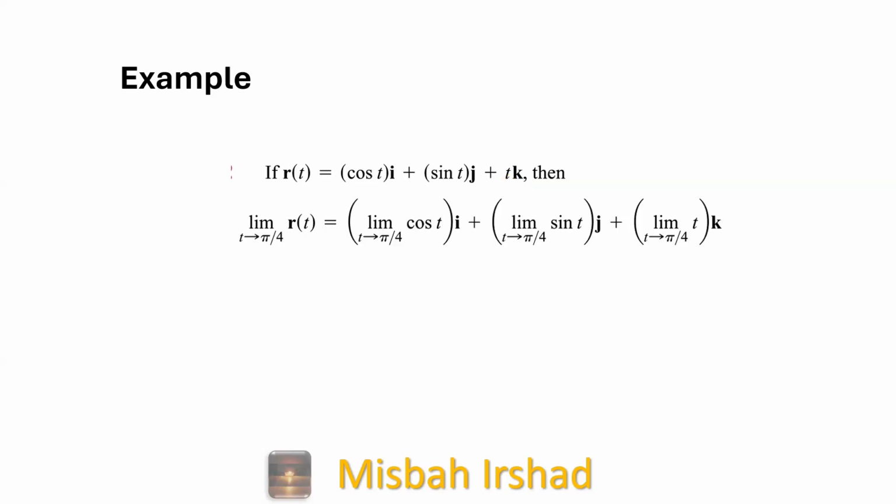After applying limits, we know that the limit of cos t as t approaches pi by 4 is cos pi by 4, similarly this will be sin pi by 4, and this is pi by 4. So after substituting the values, we have this answer. The process is really easy.